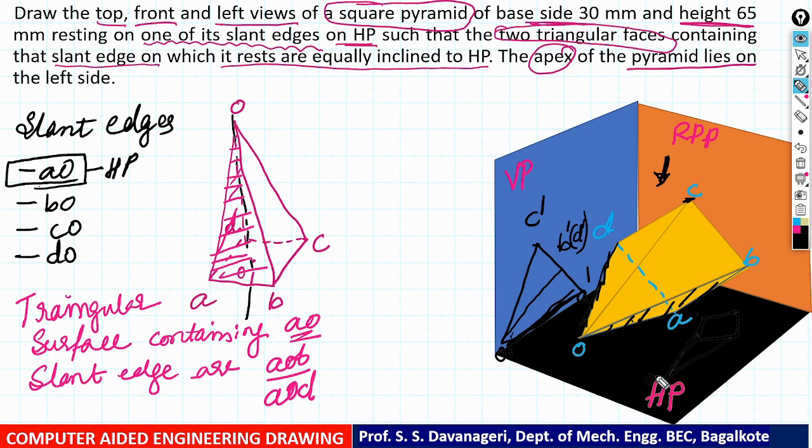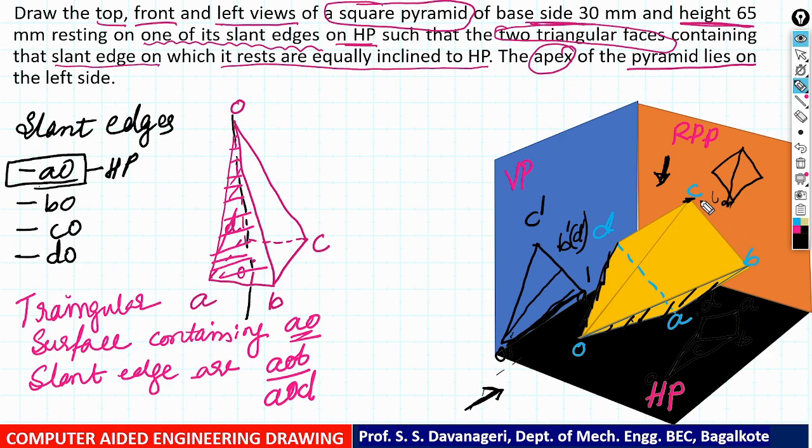Here you get O, here B, here D, and here C. In the side view, when you look from the left side, the projection you get on the right profile plane is a rhombus with a vertical line.